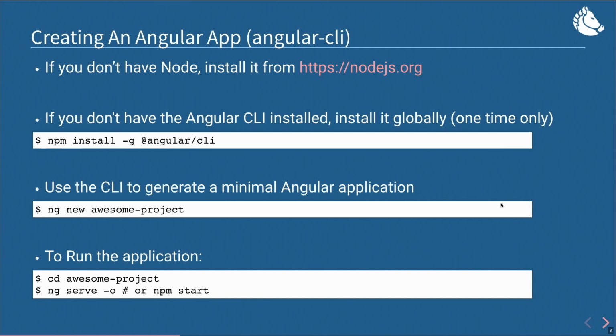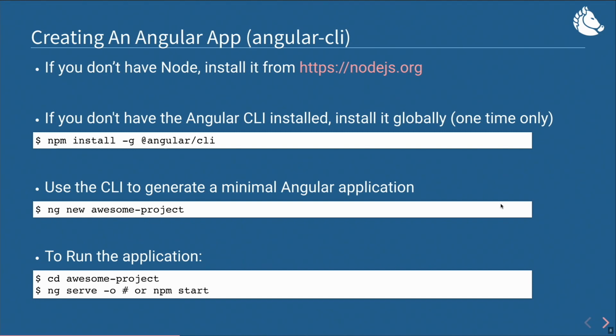So what does it look like to generate an Angular application? Once you have NPM installed, you do an NPM install of the Angular command line interface. And then you can just use ng, which is the Angular CLI. You can say ng new, your project name, and you sit and wait for NPM to download the internet.